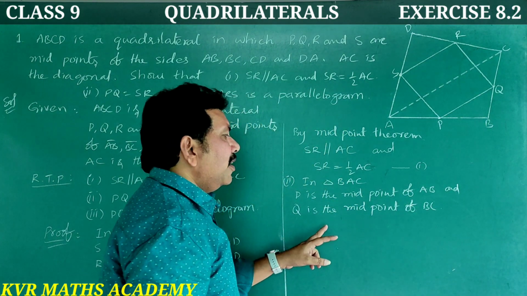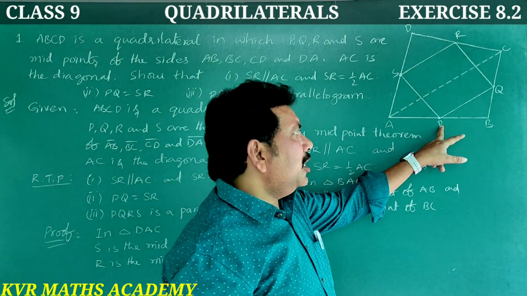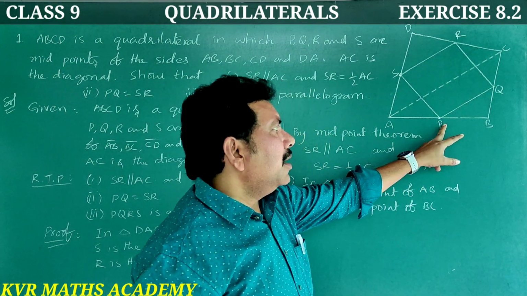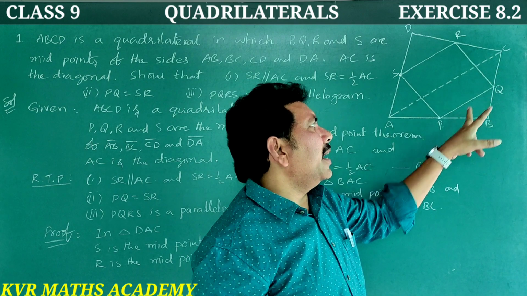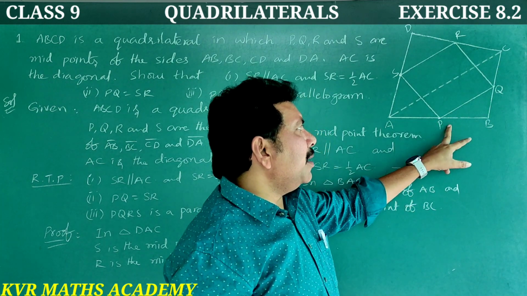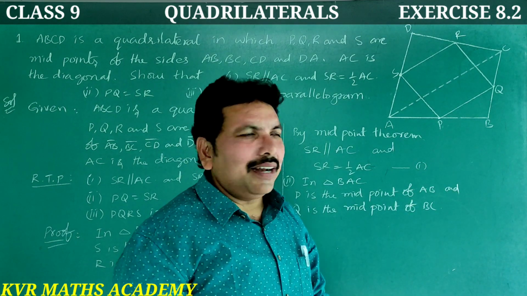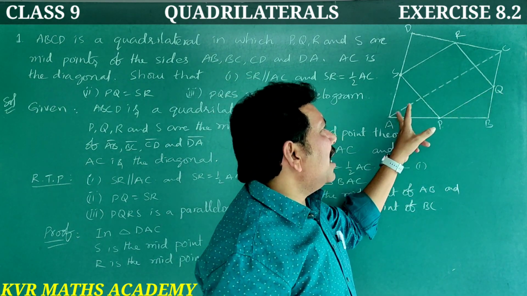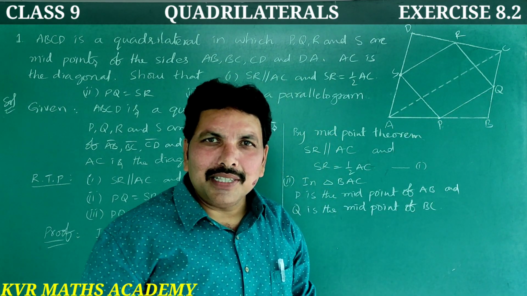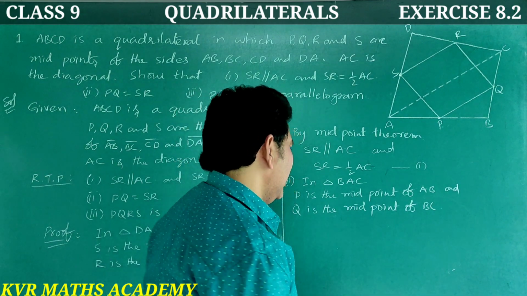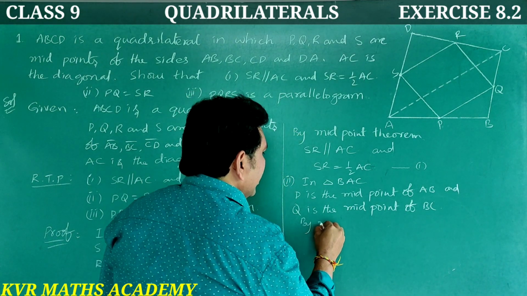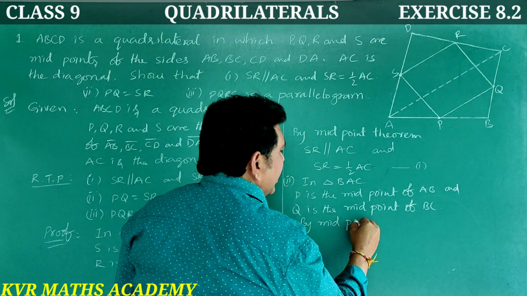Right, again from midpoint theorem, see, these 2 points are midpoints of these two sides. అంటే P అనేది ABకి మిడ్ పాయింట్, Q అనేది BCకి మిడ్ పాయింట్ కదా. సో బై మిడ్ పాయింట్ థియరం PQ ఈజ్ ప్యారలల్ టు AC and PQ ఈజ్ ఆల్సో హాఫ్ ఆఫ్ AC.